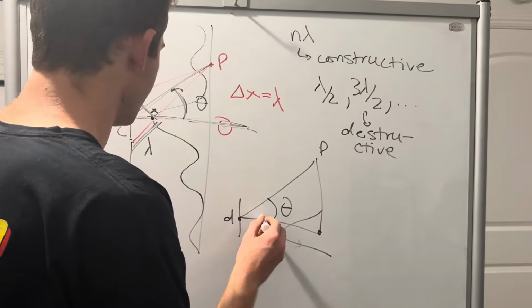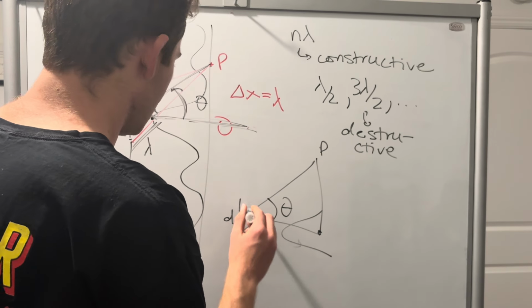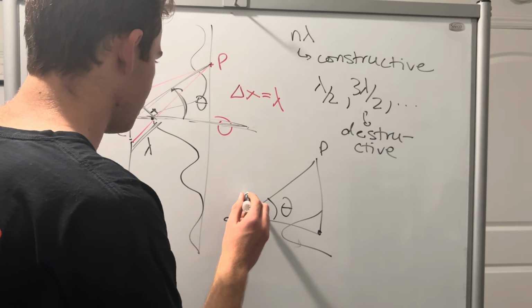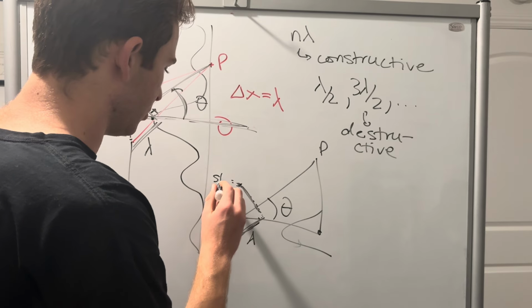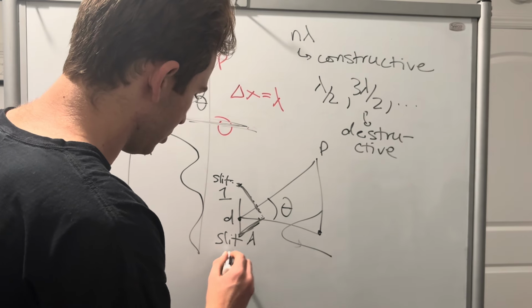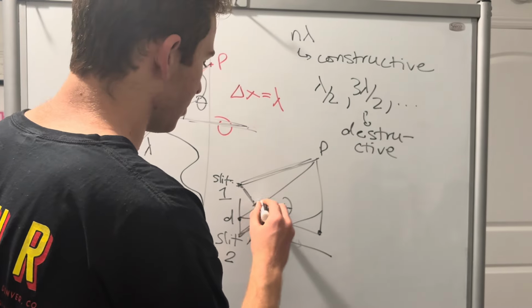Then we take our point here. We know that our distance to this here is lambda. And we make a vertical line like this. We know this goes to the other slit right here, which we'll call slit 1, and we'll call this one slit 2. We know that the distance from 1 to P is this, and so we made a little triangle here.